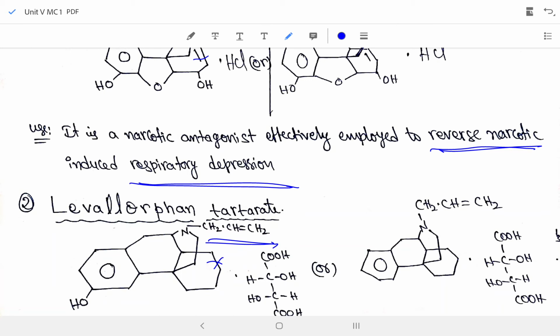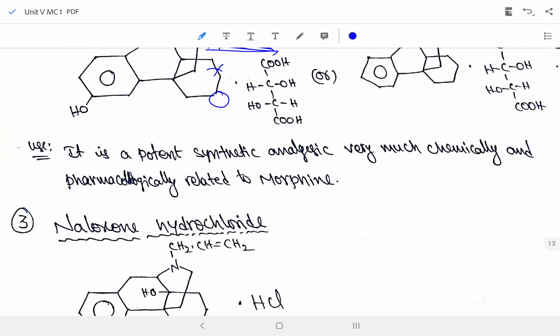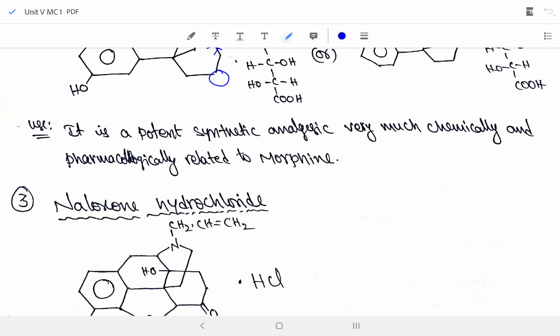There is no hydroxyl group here, but there a hydroxyl group is present. But the substituent on nitrogen is the same for both compounds. And it is pharmacologically related to morphine. That is obvious because the structure of this agent is similar to morphine.